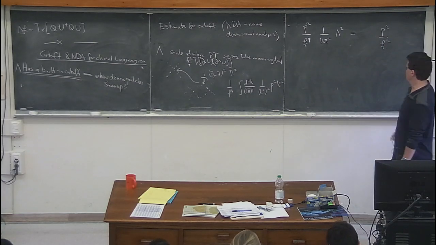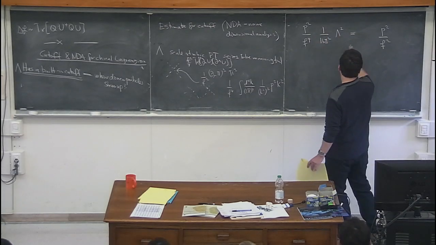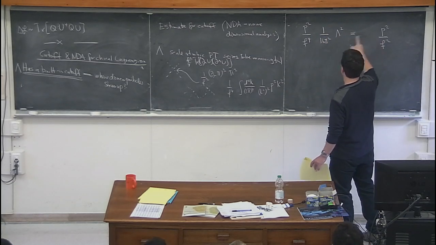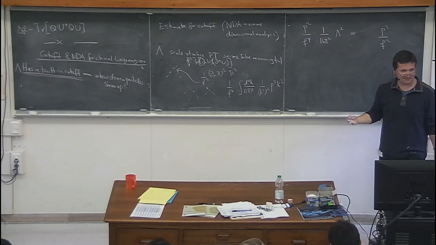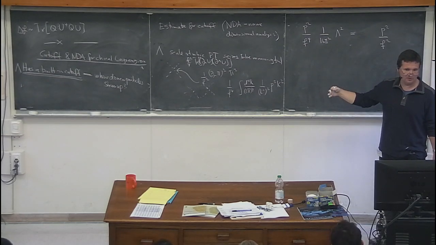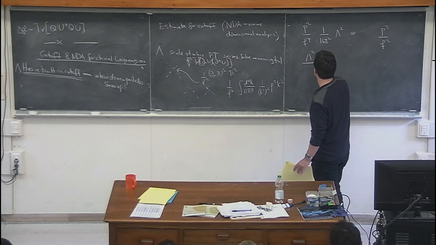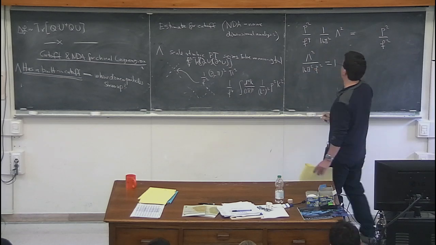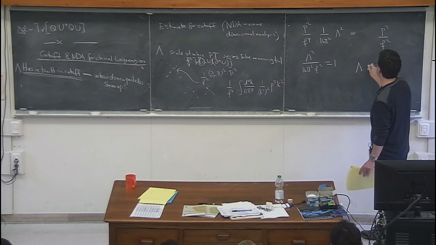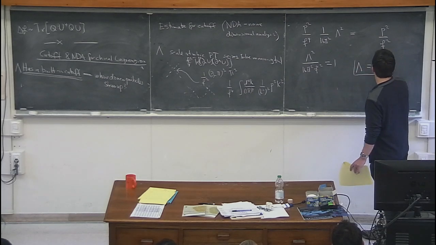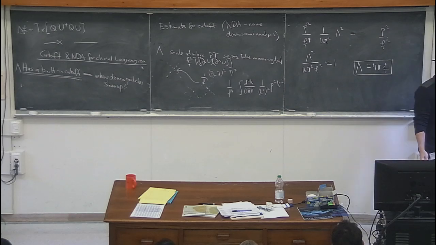So if you want to make these two roughly equal at most, that will give you an upper bound on what the cutoff should be. What you find is that lambda squared over 16 pi squared f squared is equal to 1, so lambda is equal to 4 pi f. This is the NDA estimate for the intrinsic cutoff scale of this theory.